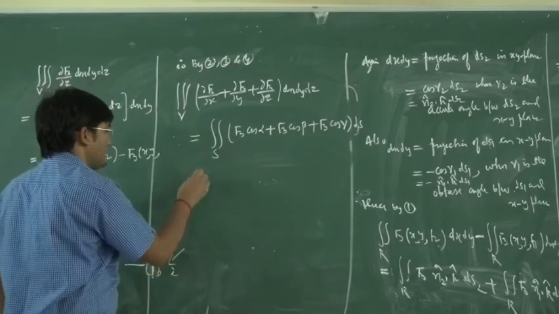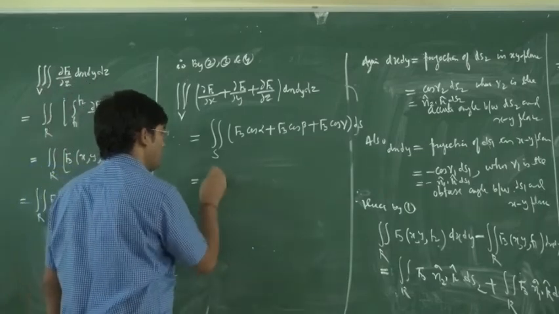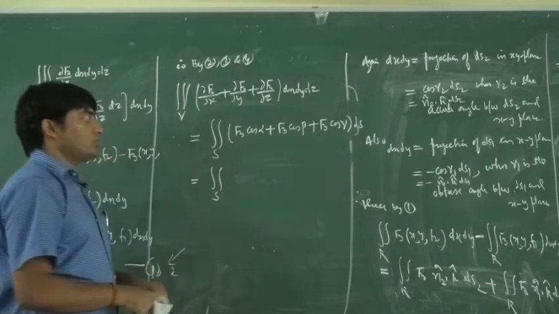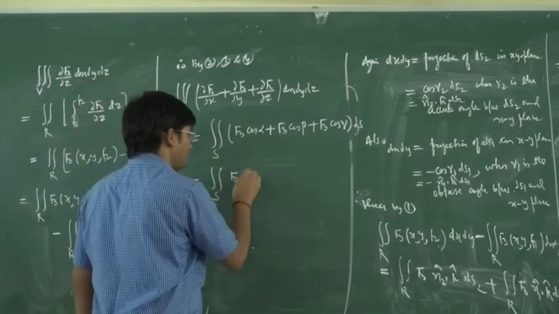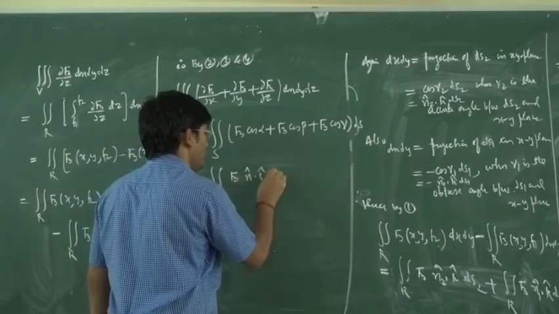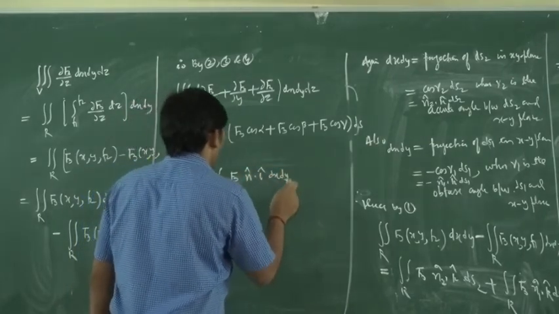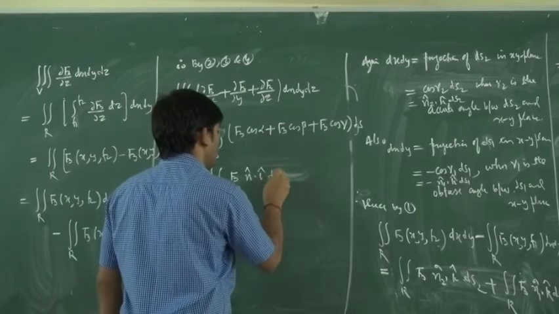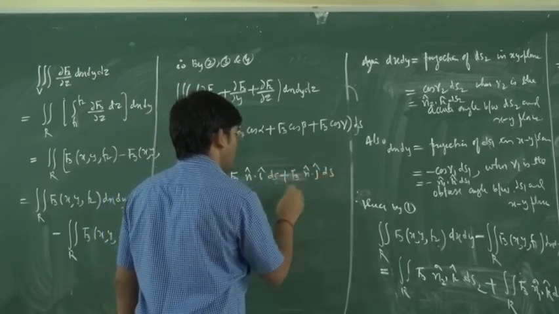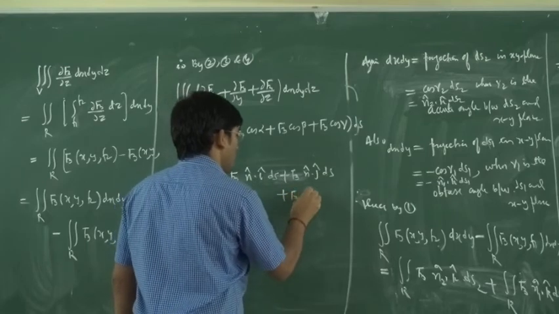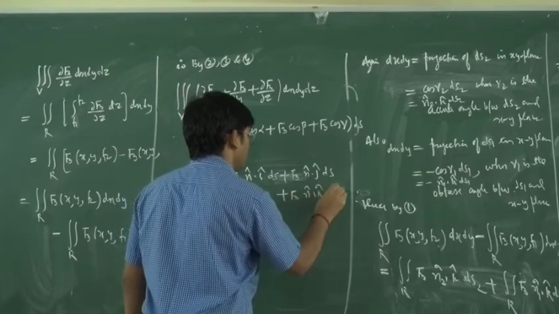Also, cos alpha is n dot i, so we can write the right hand side with n dot i, n dot j and n dot k into dS.